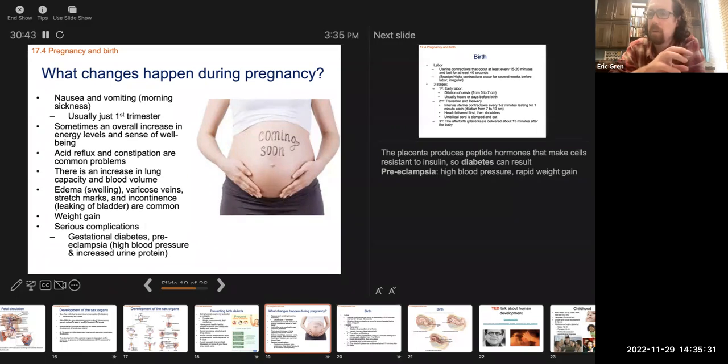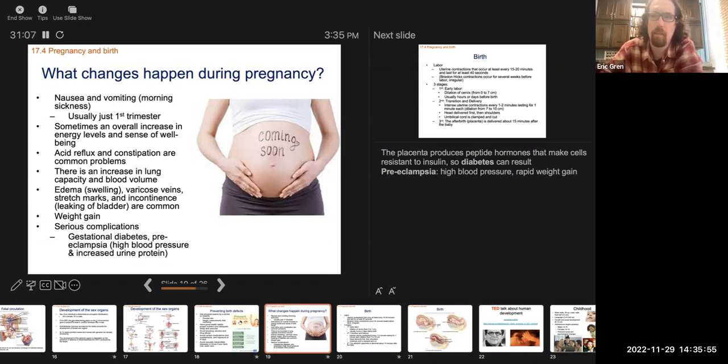Basically, a lot of the hormones that are coming into play during the pregnancy, progesterone and other pregnancy hormones, can actually cause issues with the body's response to insulin. We don't completely understand how this works, but we think that these hormones are interfering with the proper function of insulin.